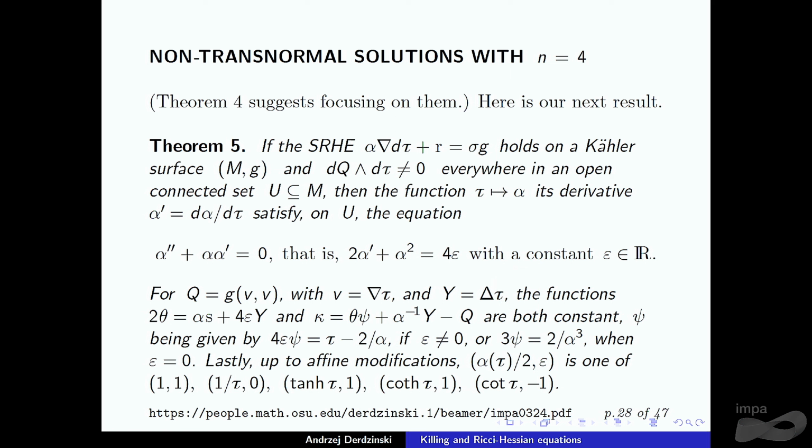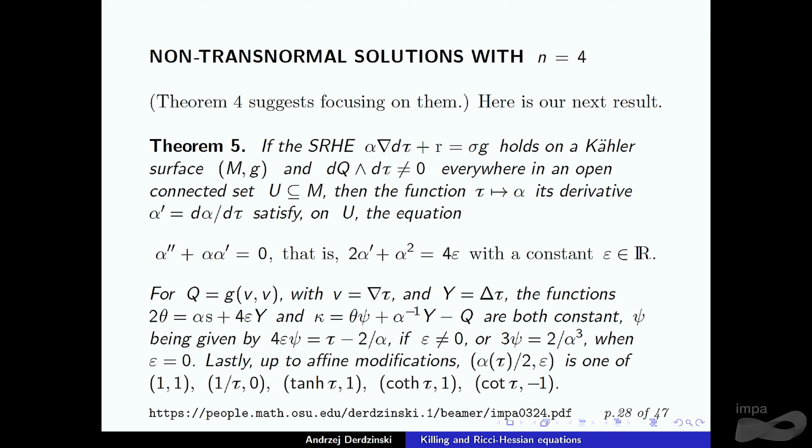And for these functions I just introduced with generic notations q and v and y, there are further conclusions. Some expressions built from q and y are constant, and there are 2 such expressions. And finally, this function alpha of the variable tau, if you divide it by 2 for simplicity, must be really one of 5 possible types.